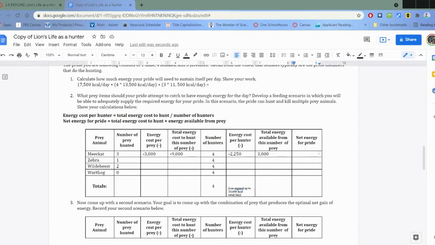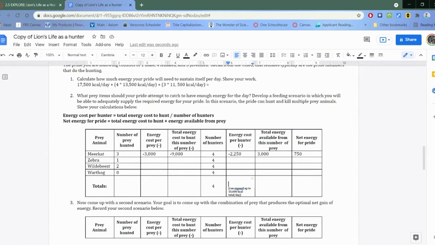So the net energy gain for the pride is 750 kilocalories. I'm going to go ahead and do that for each of the other species that my pride is going to hunt, kill, and consume. And then I'll figure out the totals at the end.